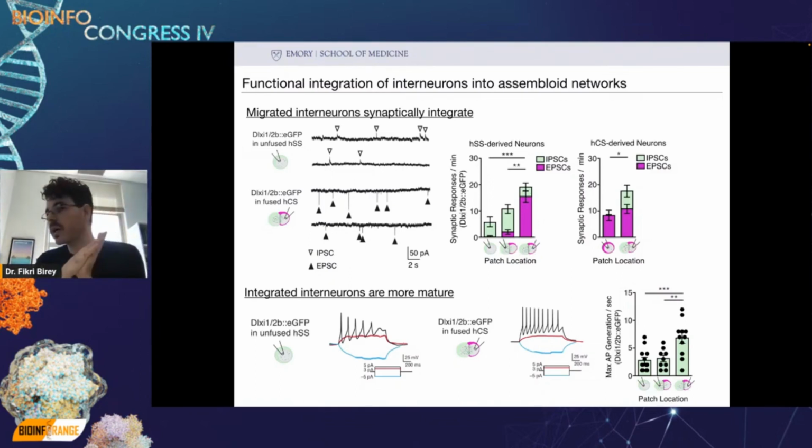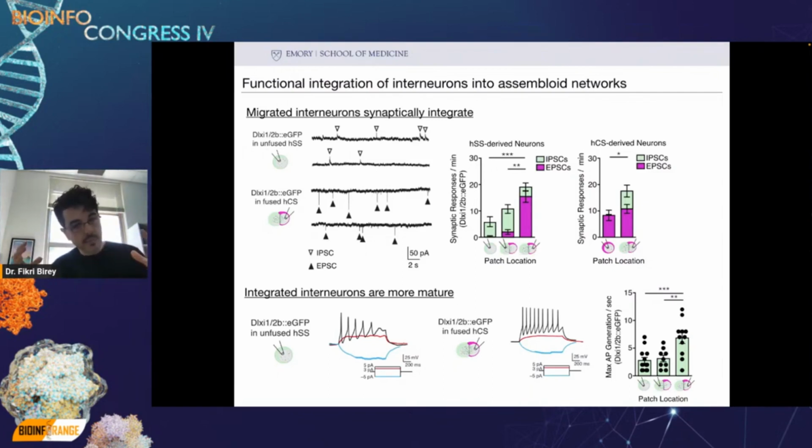Okay, so at this point, I'm skipping a lot of the control experiments and some of the other experiments, but after seeing the results of these key experiments, we thought, okay, we do have a model that we could use to model various aspects of human cortical development, and this is the migration, maturation, network integration.